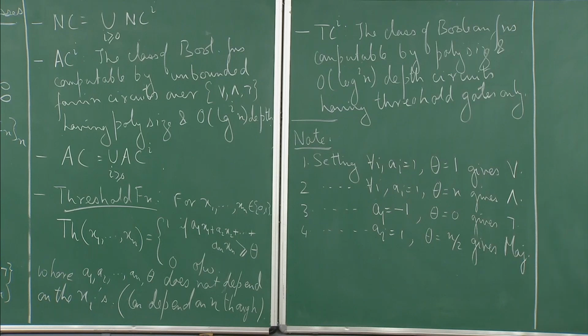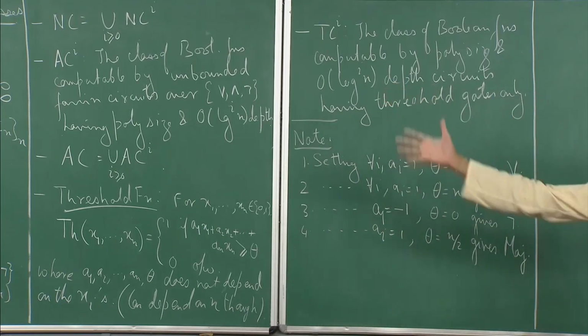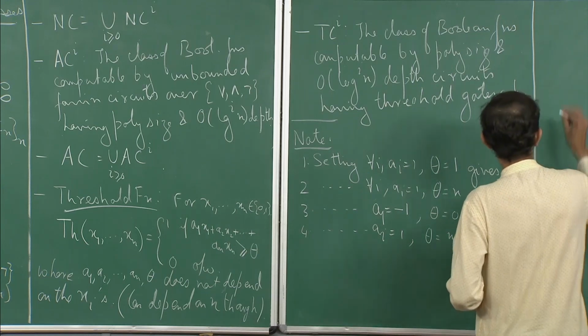Okay, so now what are the relations among these classes? We have these classes that we have defined, NCi, ACi, TCi and so on. So what are the relations?